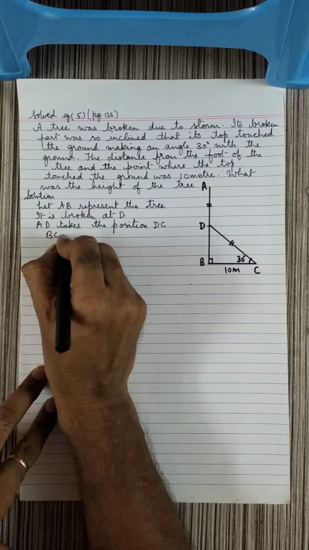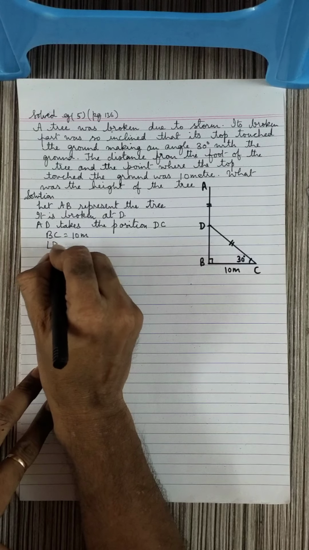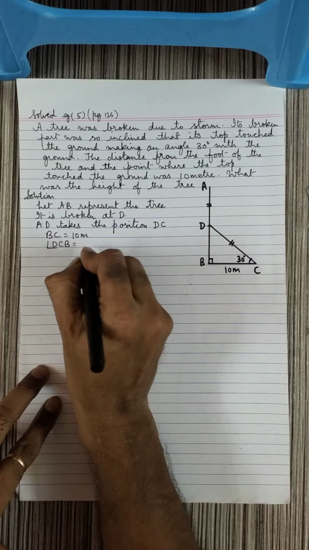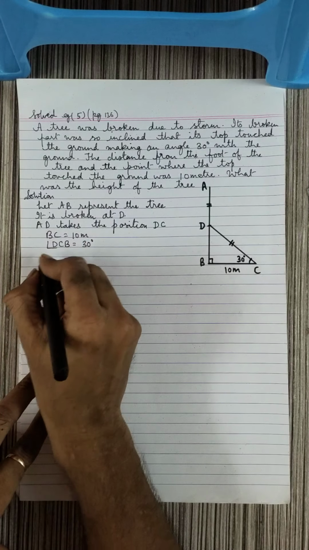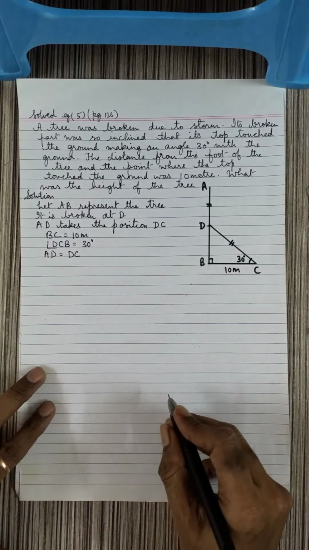Then BC is equal to 10 meters, angle DCB is equal to 30 degrees, and AD is equal to DC.